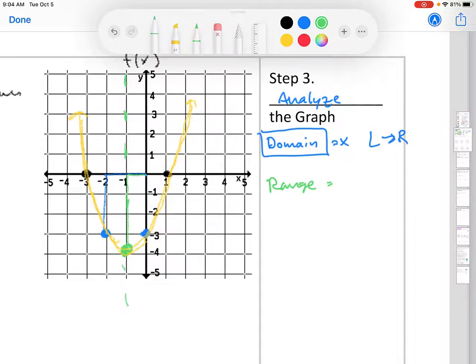The range is your y values. And I want you to go from bottom to top, bottom to top. Okay? And I'm going to show you guys this with inequalities.